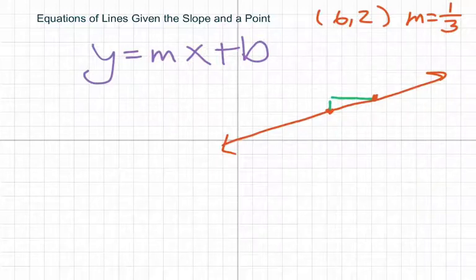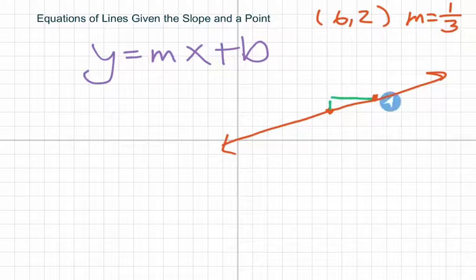What I wanted you to get out of this illustration though is the idea that it is possible to find the equation of a line if you're given the slope and some point, even if that point isn't the y-intercept. One of the ways that you can do it is to try to graph it. Let's explore that option, and then we'll look at a more sure algebraic way that will work for all the numbers and not just the pretty numbers.